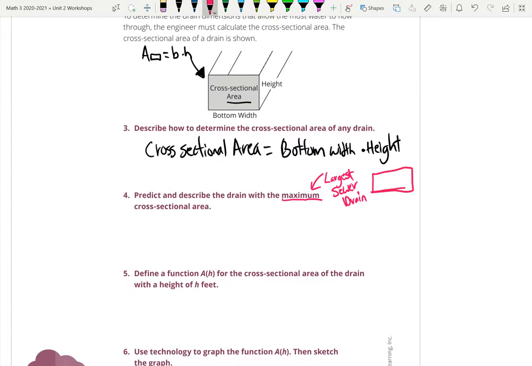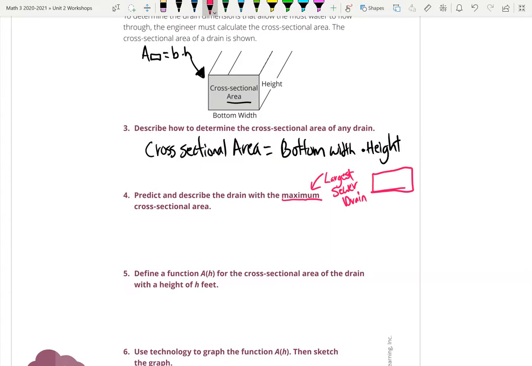So what could we do? We need it big enough and we need it tall enough to prevent flooding. So let's go ahead and figure out a way to get what this maximum has to be. There has to be an easier way.